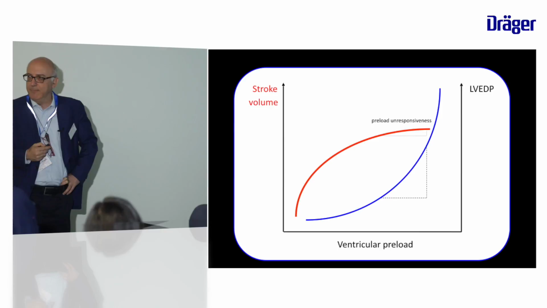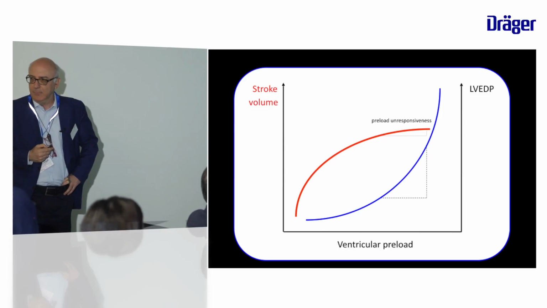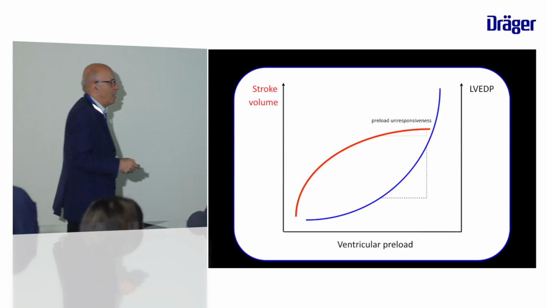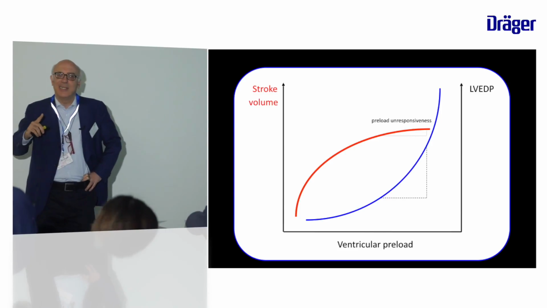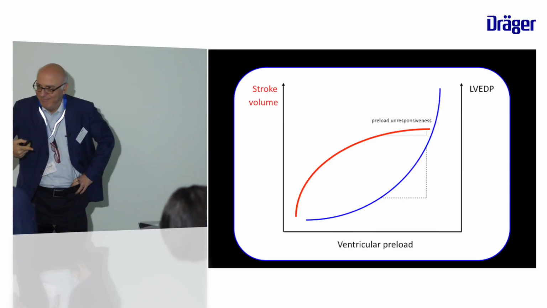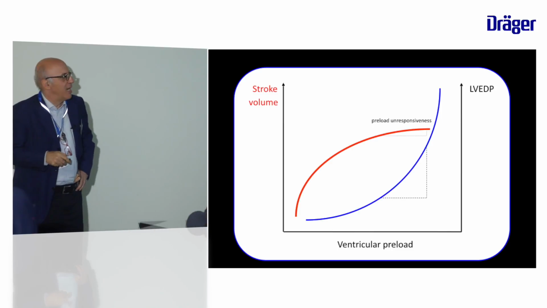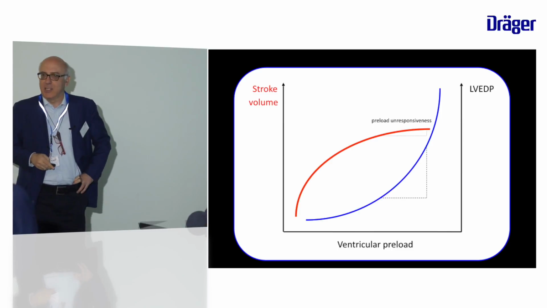Are you following me? So unresponsiveness on the stroke volume is a negative responsiveness on the left ventricular end diastolic pressure.